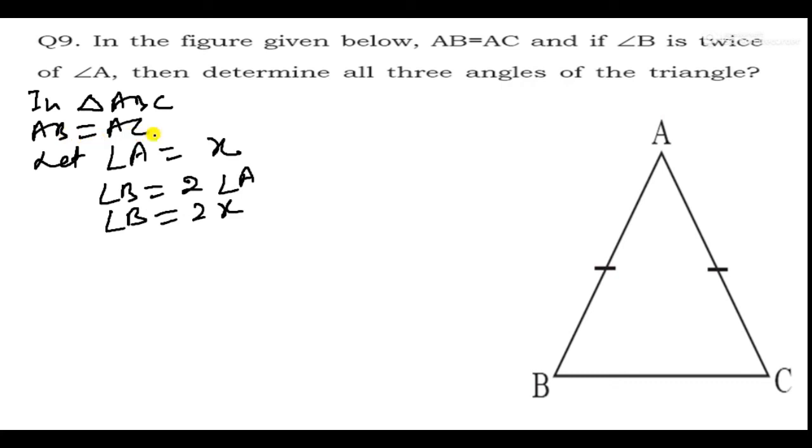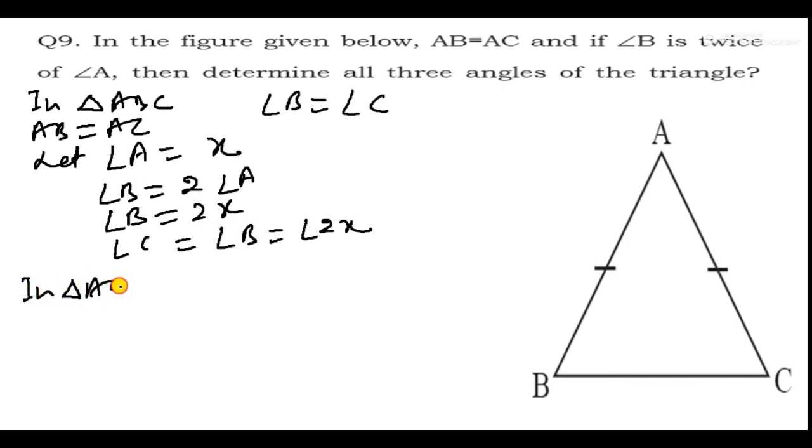So what will happen? As you know, AB is equal to AC. That means B and C are equal angles. So angle B is equal to angle C, and that is 2X. So in triangle ABC, angle sum, always remember, it is 180 degrees. So angle A plus angle B plus angle C is equal to 180 degrees.